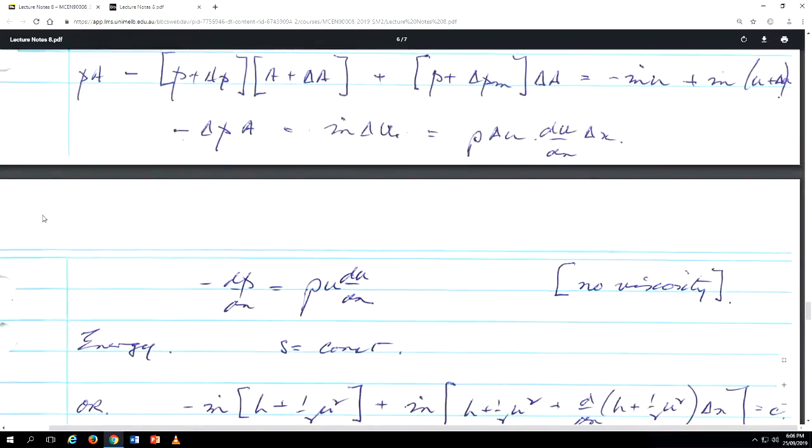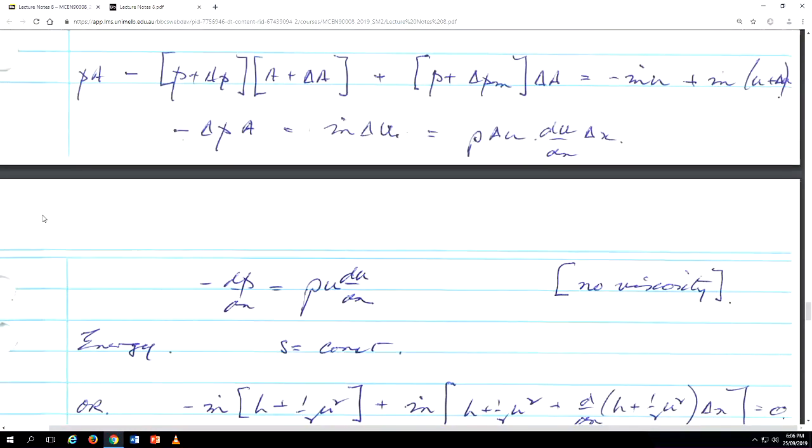Right. So now, what can I say here? This A cancels with this A here. So what have I got? I've got a delta x, and what is this delta P? Delta P will be dP/dx times delta x, right? So this will be dP/dx delta x times A, and I've got an A delta x on the right-hand side.